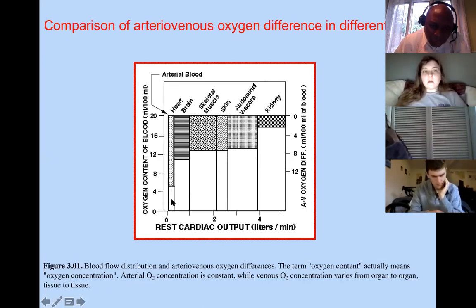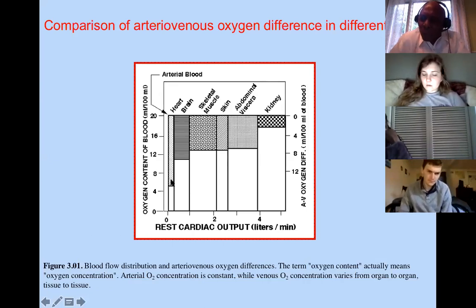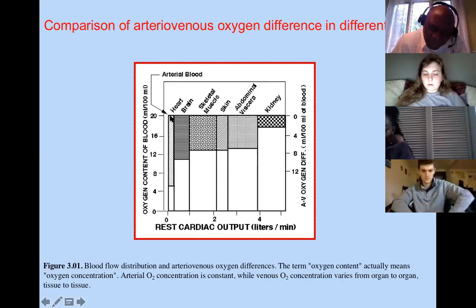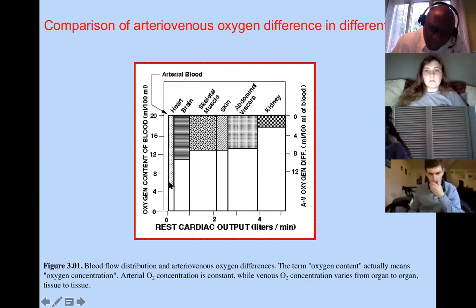So 6, and then this is 14 out of 20. What's the percentage then? The percentage, this is 70%. So hold on to that number. This is 70%, and then this is 30%.